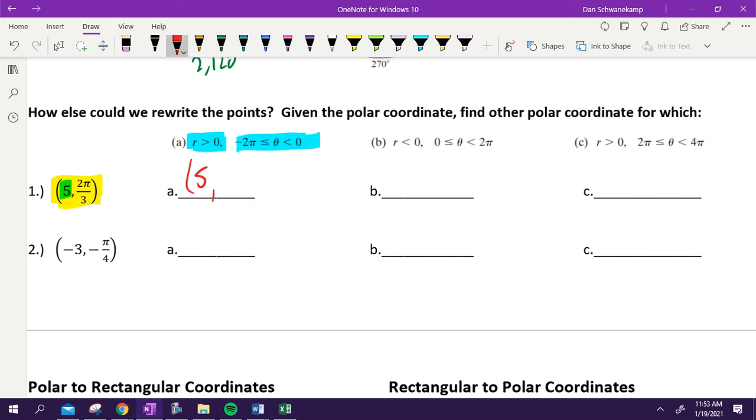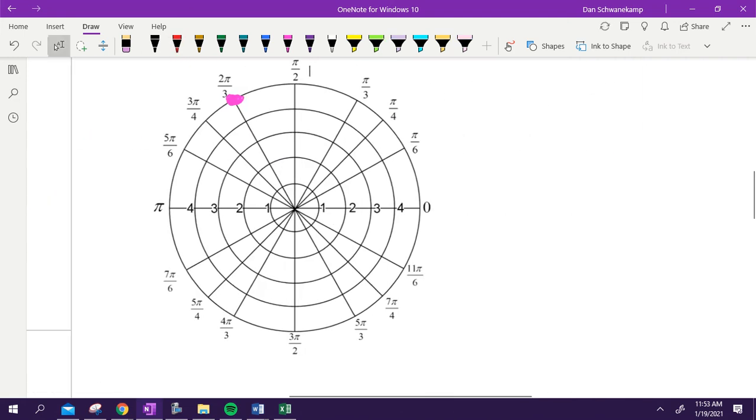So I need to have a radius of 5, but I need the angle to be negative. So how could I match up with this dot right here with a radius of 5, but I need the angle to be negative? What would I do if I have a negative angle? Flip over the x-axis.